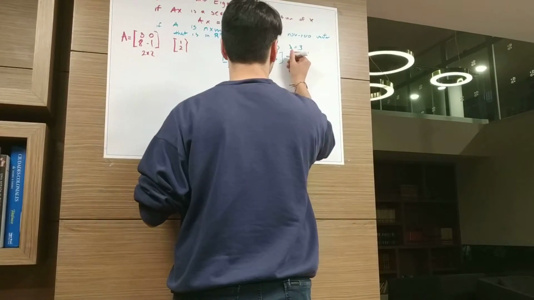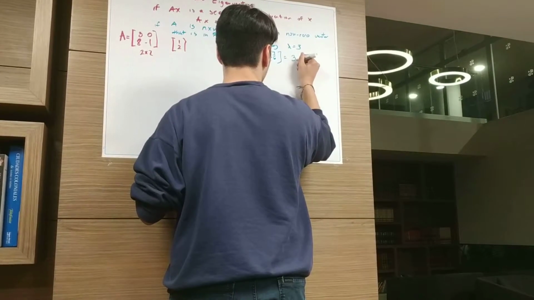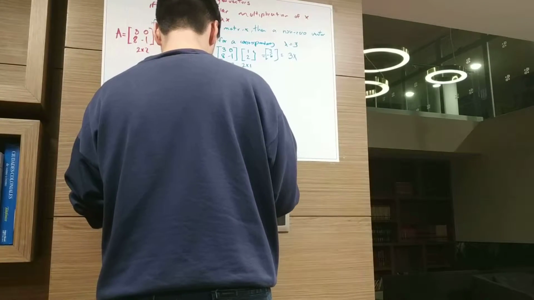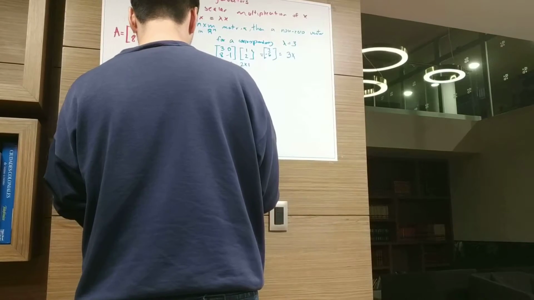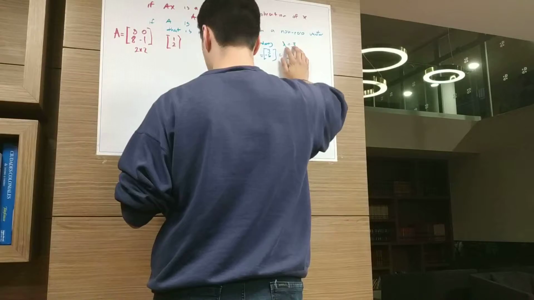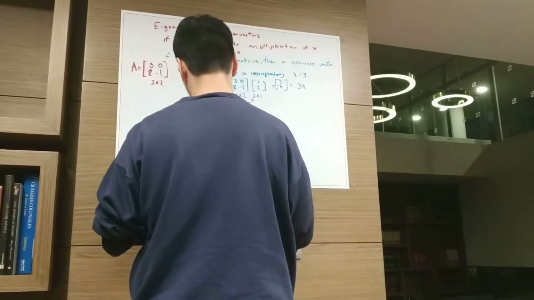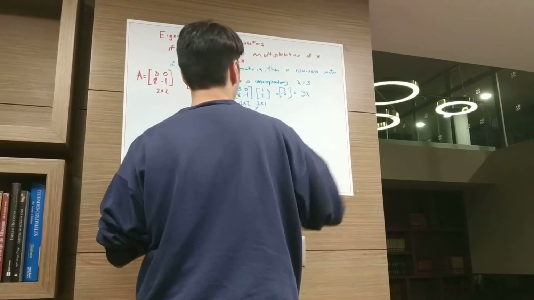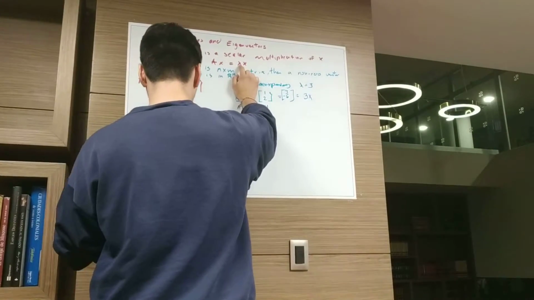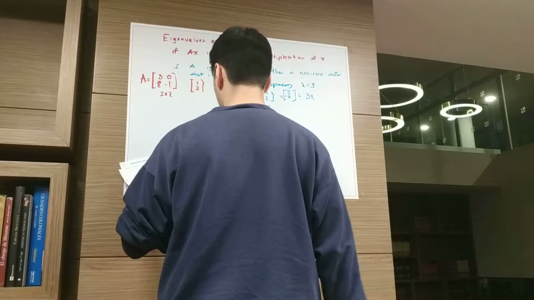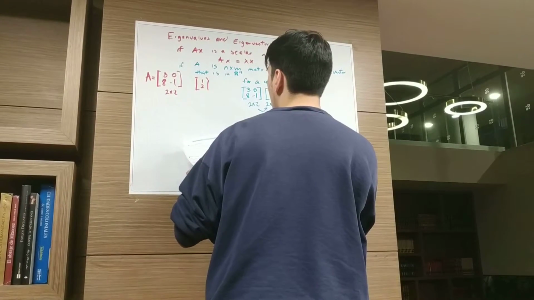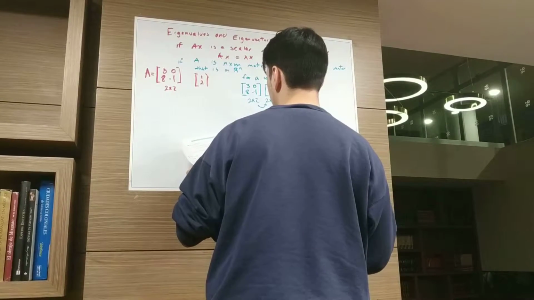And for instance, this is 3 times x. Depending on the sign and magnitude of the eigenvalue lambda, the equation Ax = λx stretches or compresses x by a factor of lambda, or reverses its direction if lambda is negative.